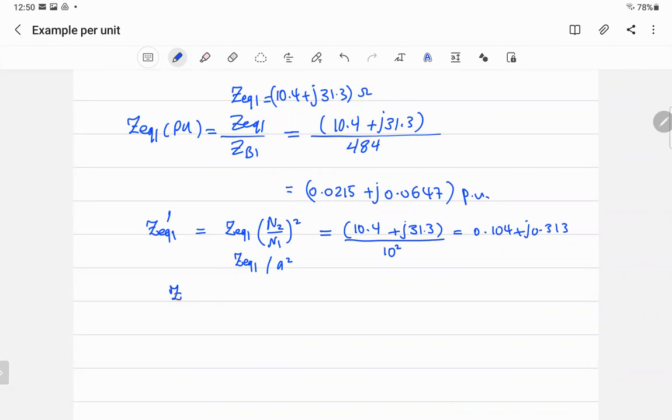To find Z equivalent 1 dash per unit, that's on the second side, I'll say Z equivalent 1 dash divided by Z base 2.